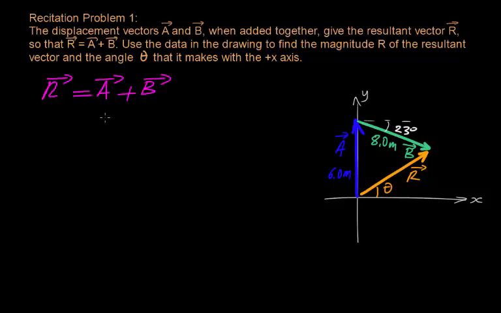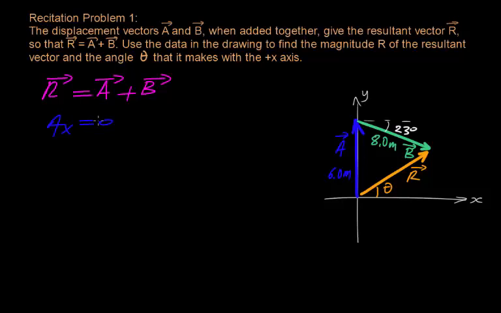Okay, the components for A and B are very easy in this case. Vector A first. Since the A vector is parallel to the y, its x component is going to be 0. Any vector that is parallel to the y has 0 x component.